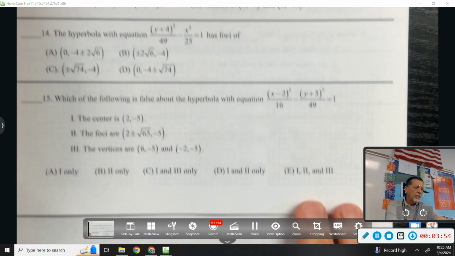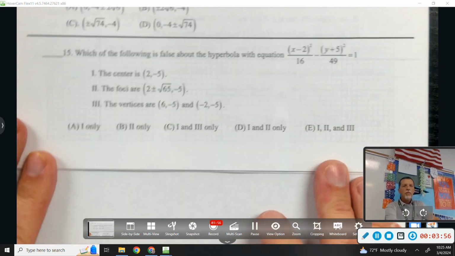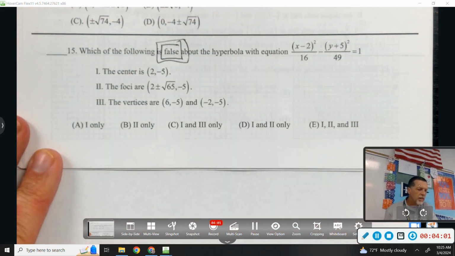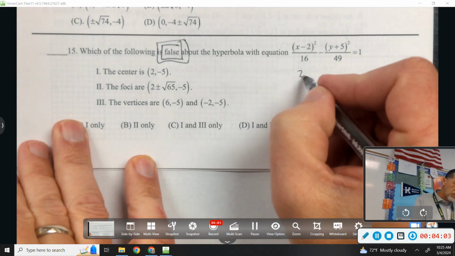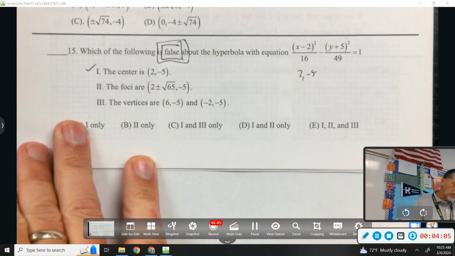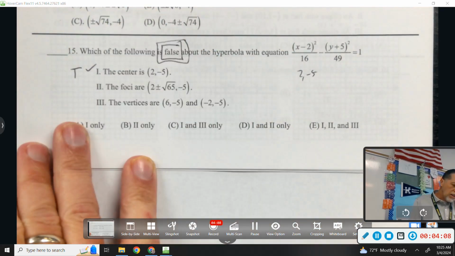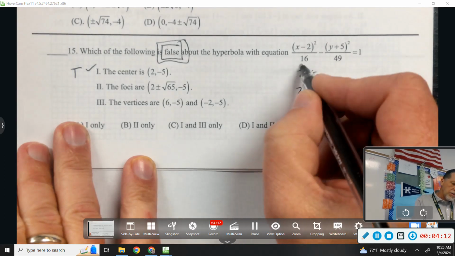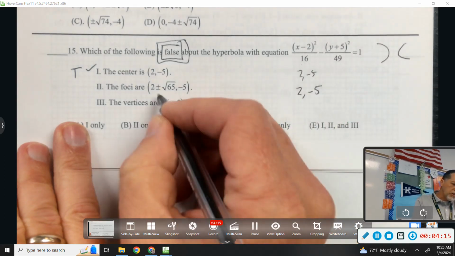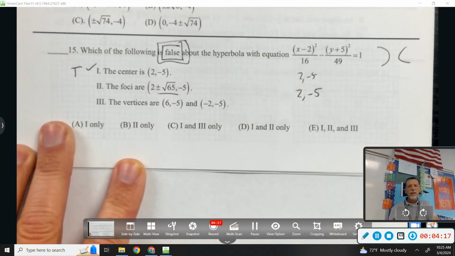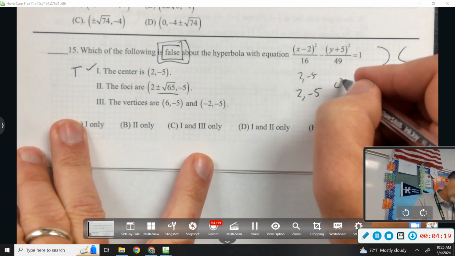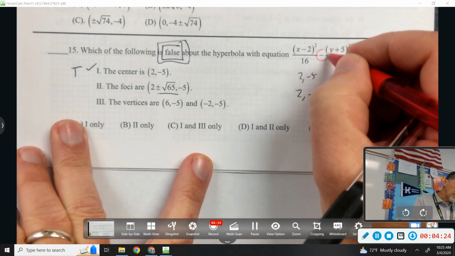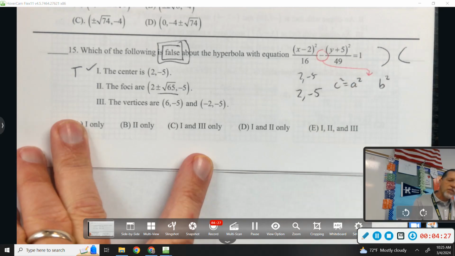Number 15. Again, we're doing every third one here. Which of the following is false? So again, read carefully here. The center is 2, -5. Yes, that is true. The foci are, well, x comes first, so I know the foci are left and right, so I like that. c squared equals a squared, what is it for a hyperbola, plus or minus b squared?